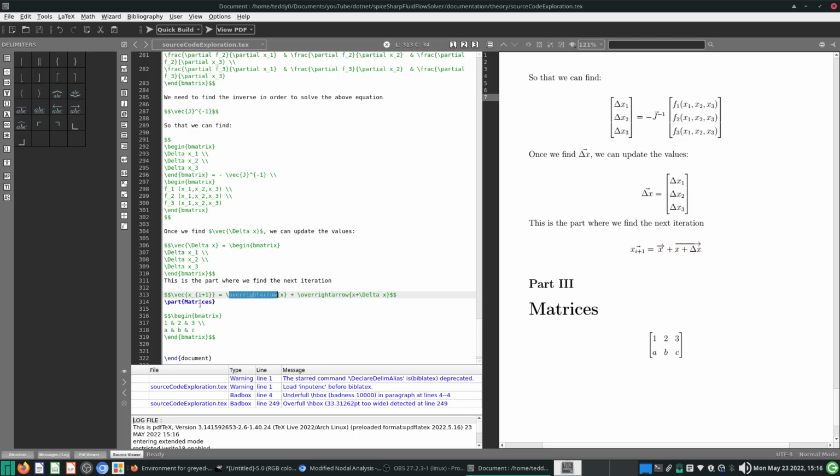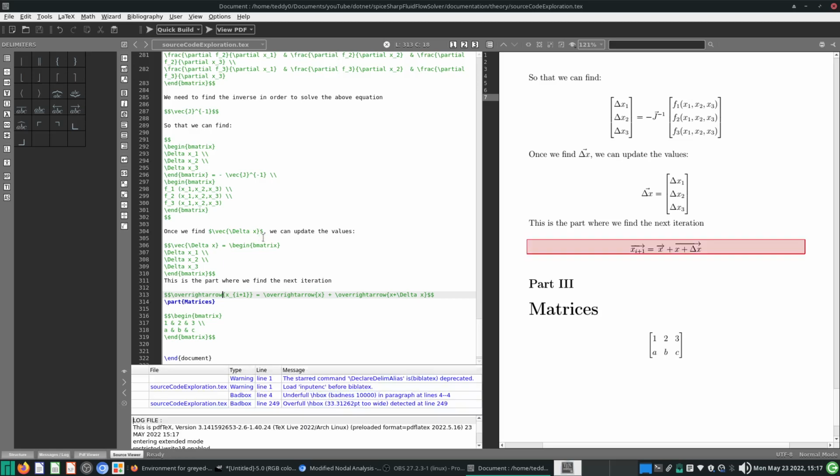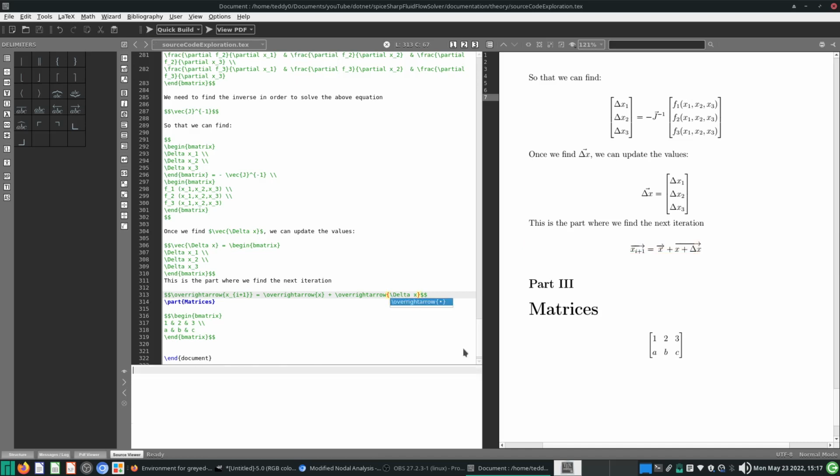Again, the syntax may not be what is standard in math, but hopefully it carries across the message of what we're trying to do. Oh, right, I should not have x plus delta x. I just need x down here.